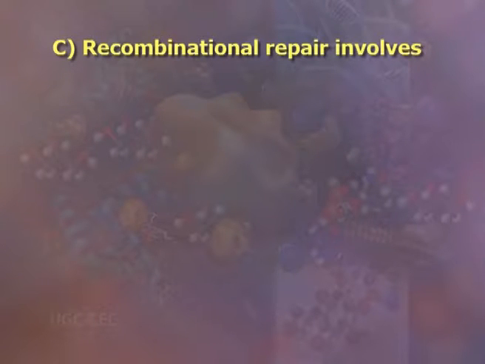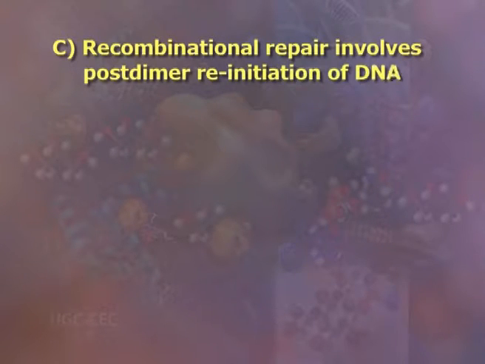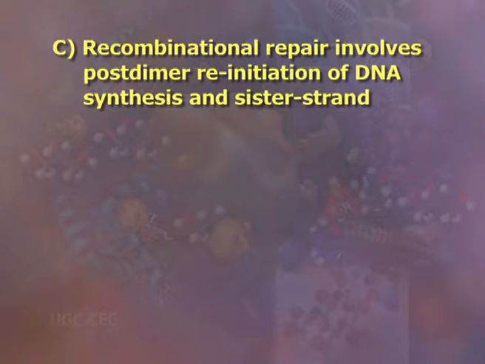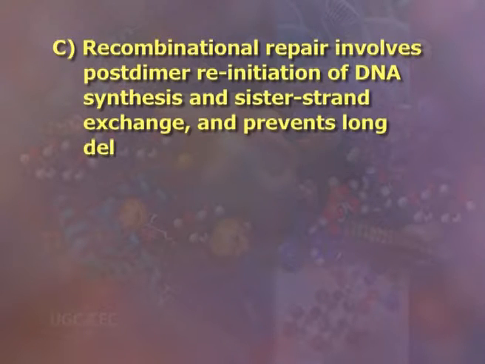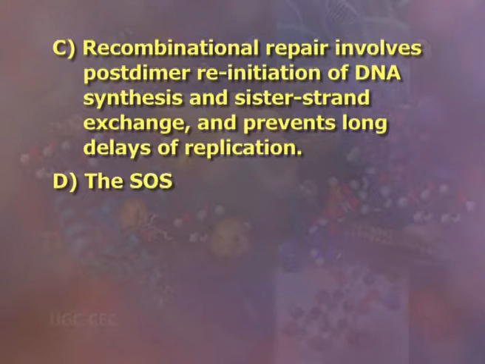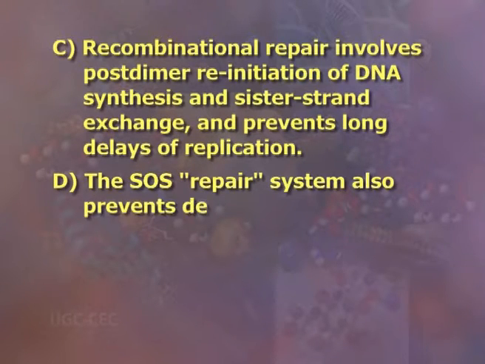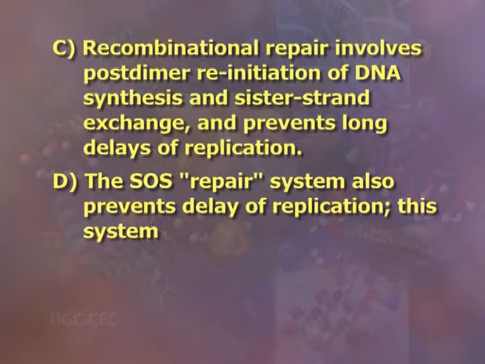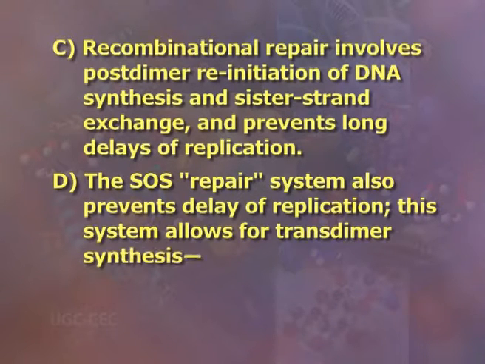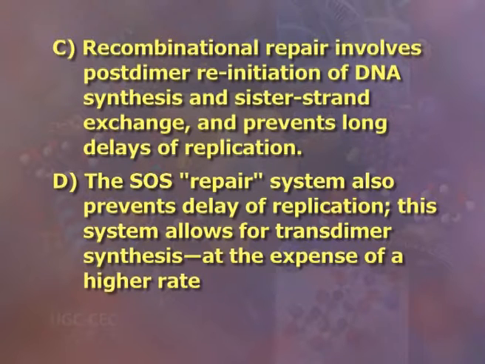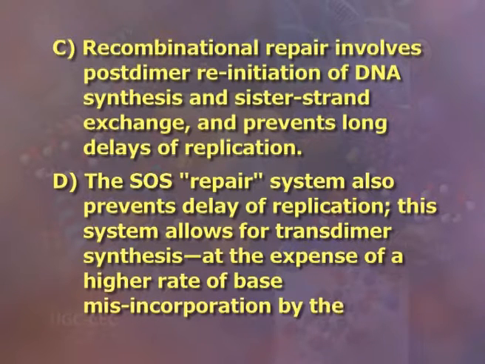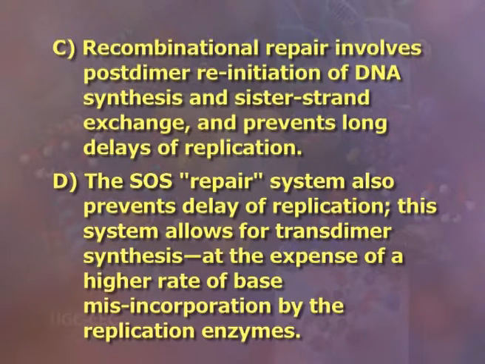Recombinational repair involves post-dimer reinitiation of DNA synthesis and sister strand exchange and prevents long delays of replication. The SOS repair system also prevents delay of replication. This system allows for trans-dimer synthesis at the expense of a higher rate of base misincorporation by the replication enzymes.